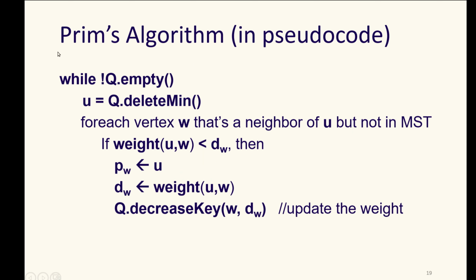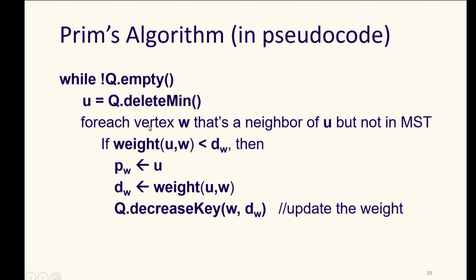So some pseudocode for that. While our priority queue is not empty, we will pull off the minimum from that priority queue and call it U, a node, a vertex. For every vertex that's a neighbor of U, and we assume that we can quickly find, let's say we had an adjacency list, which vertices are connected to U using that adjacency list.